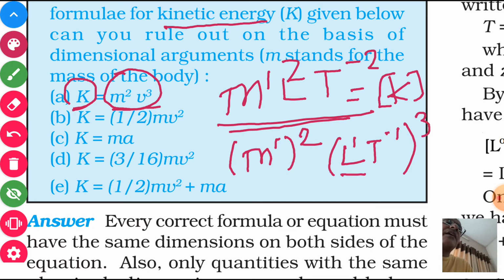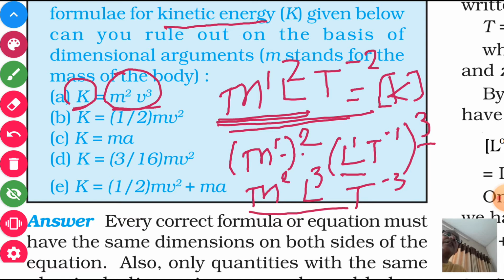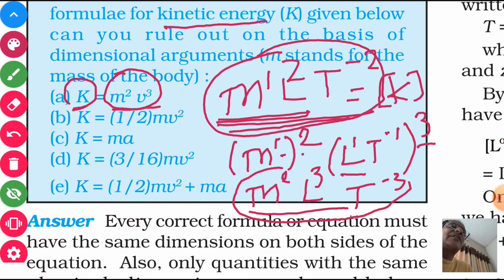You will get M², L³, and T⁻³. So the dimensions on both sides are not matching. On LHS the dimensions are M¹L²T⁻², on RHS it is M²L³T⁻³. So it is not dimensionally correct, or it is an invalid formula.